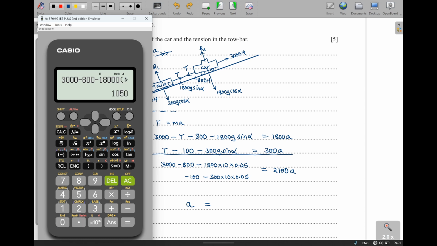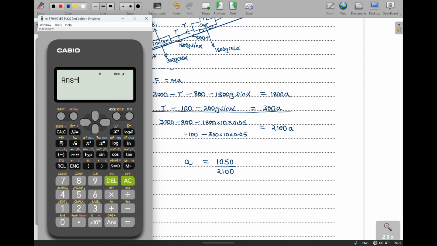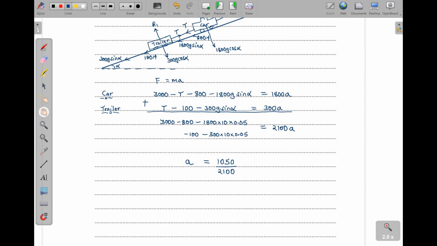So we get 1050. So 1050, then divide by 2100. That's a half. So acceleration is equal to 0.5 meters per second squared. That is that for acceleration.